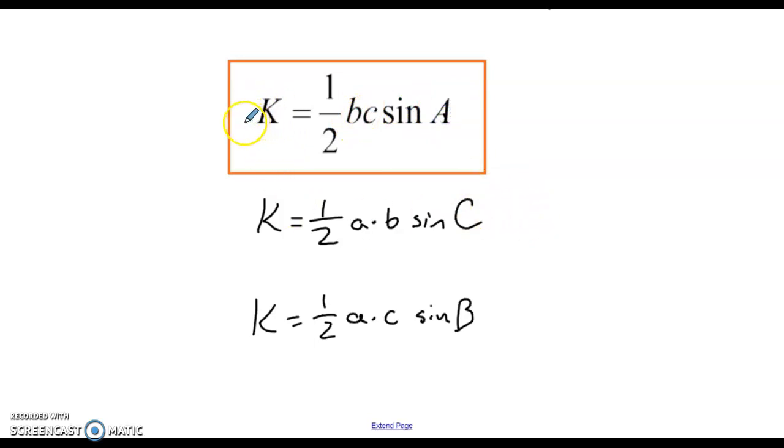I don't know why we use K for area. Basically, the letter A was already taken for angle A, so we use K for area.